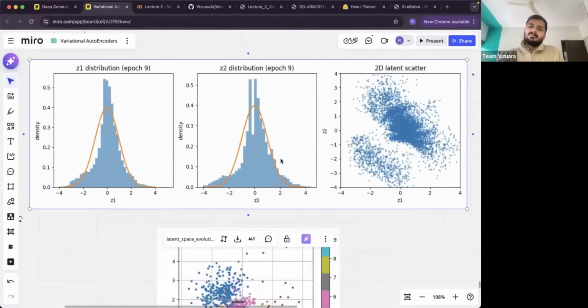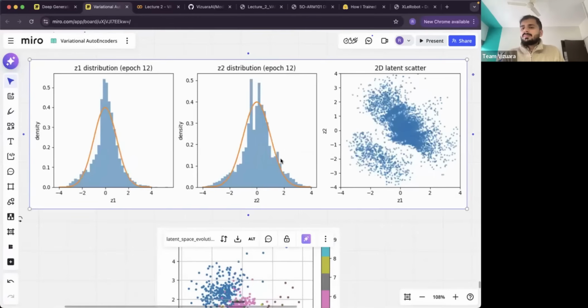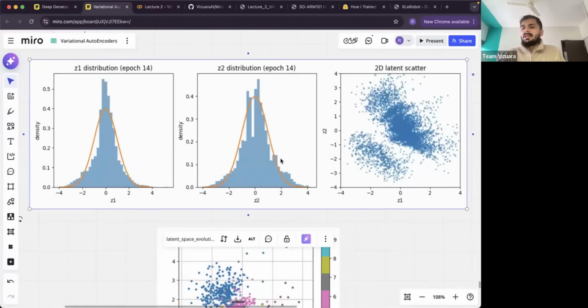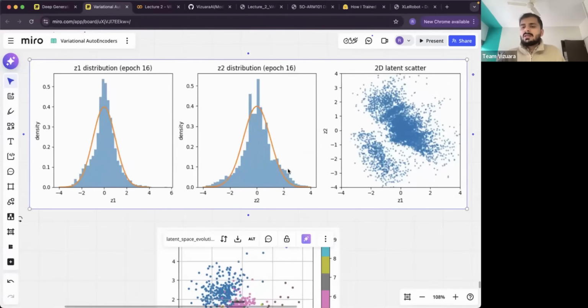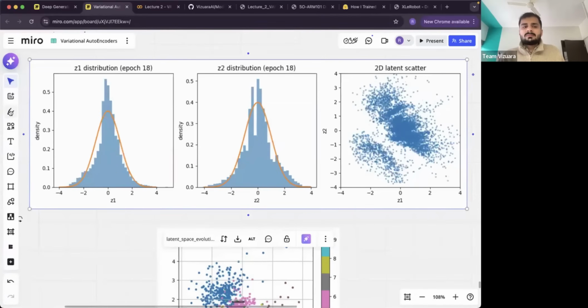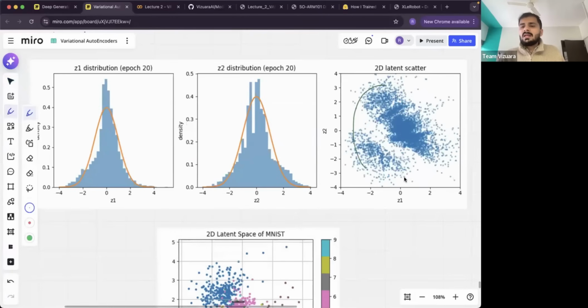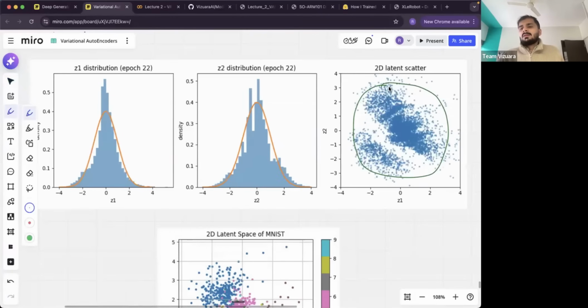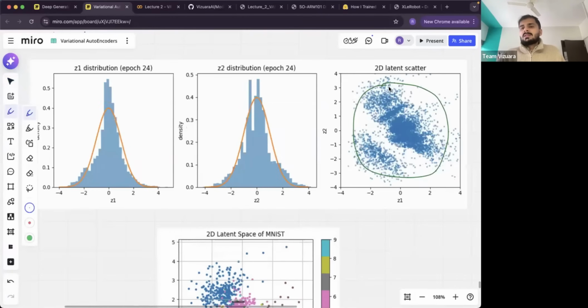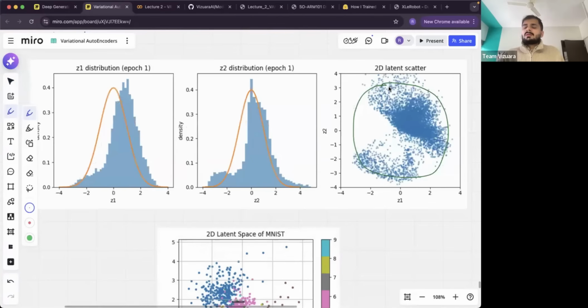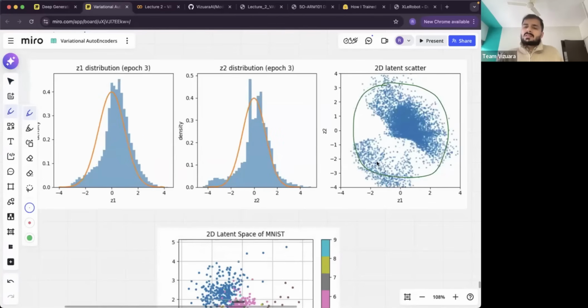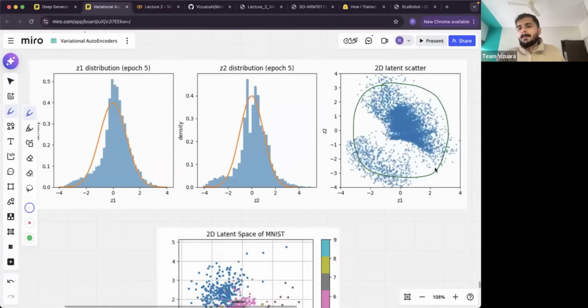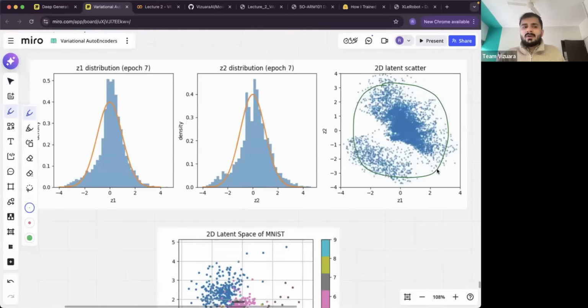It doesn't really become a Gaussian, but it is kind of centered around the center. You can see it's almost in this area. So it's trying to orient itself towards the middle, but more often than not, this is not very feasible.